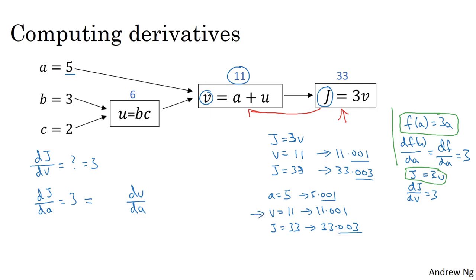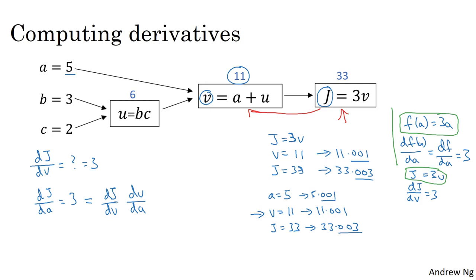Well, how much does v increase? It'll increase by an amount that's determined by dv dA, and then the change in v will cause the value of j to also increase.